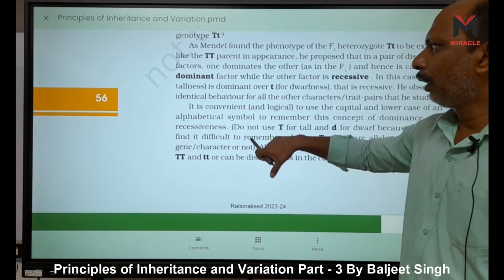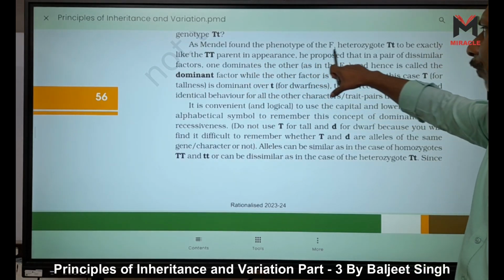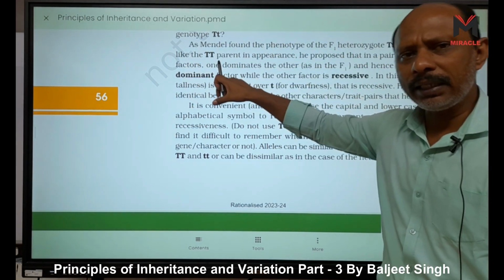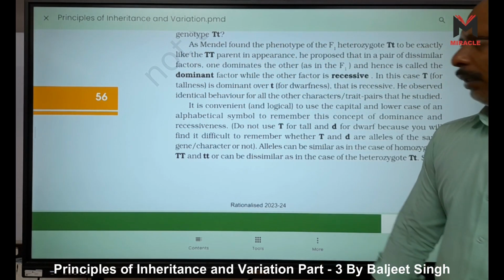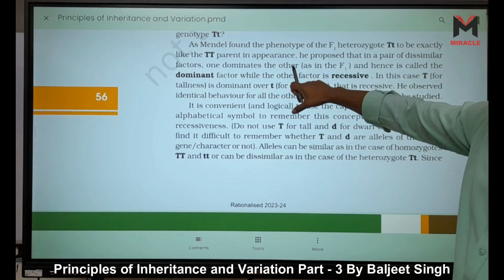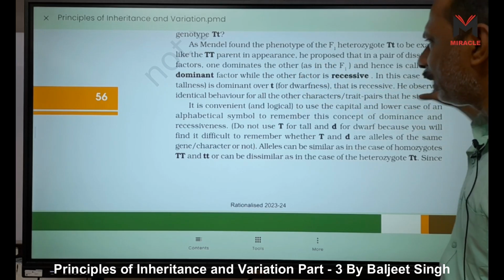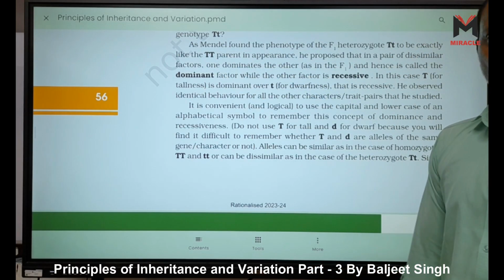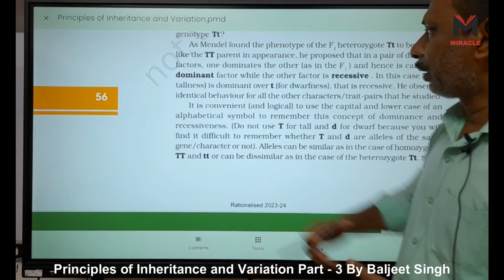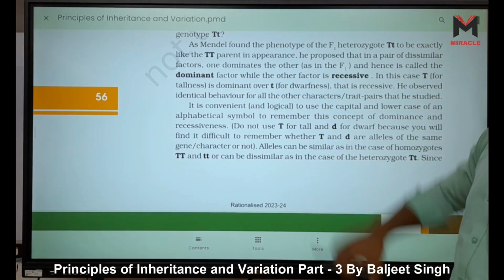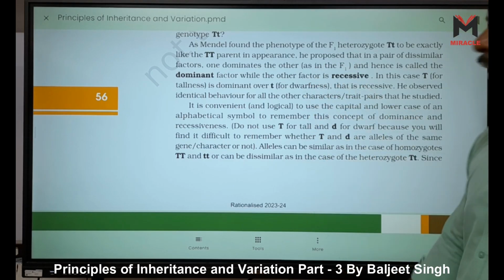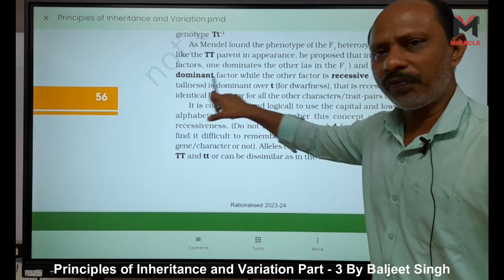First, as Mendel found, the phenotype of the F1 heterozygote capital T small t to be exactly like the capital T parent in appearance, meaning exactly like the tall plant, right? He proposed that in a pair of dissimilar factors, only one can express and the other cannot express. One dominates the other, as in F1 generation. Through F1 generation we get the law of dominance, and hence it is called the dominant factor.